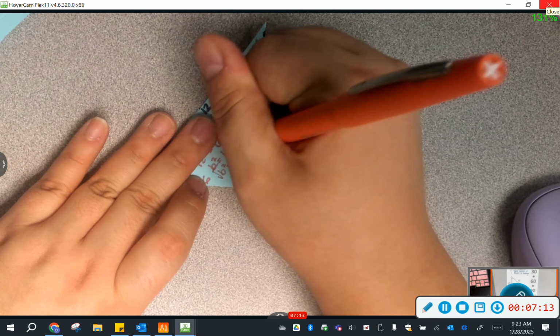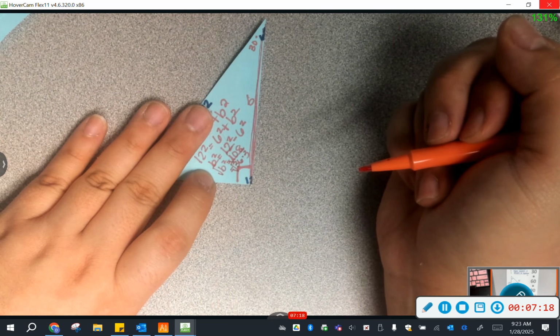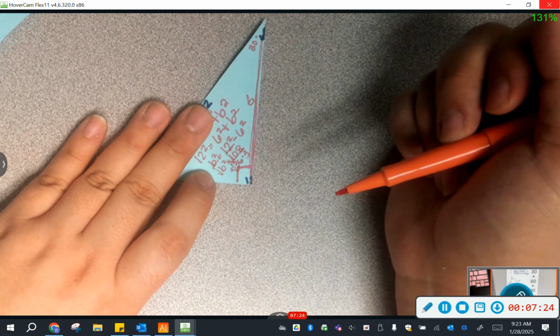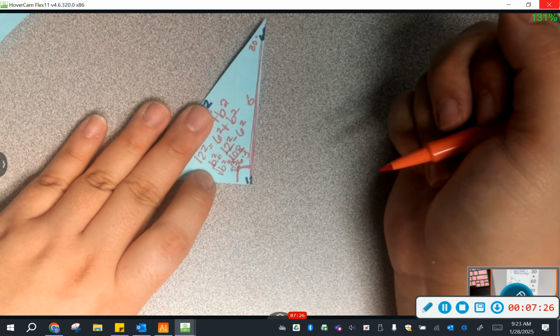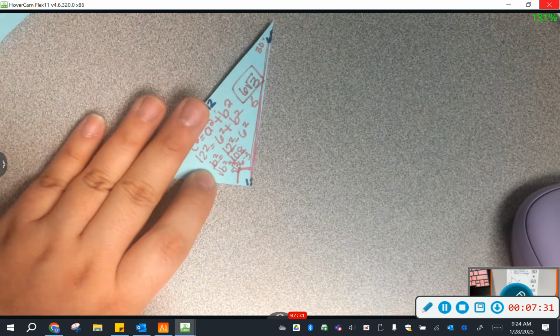And what is the square root of 36? What is the square root of 36? 6 square roots of 3 is the answer.